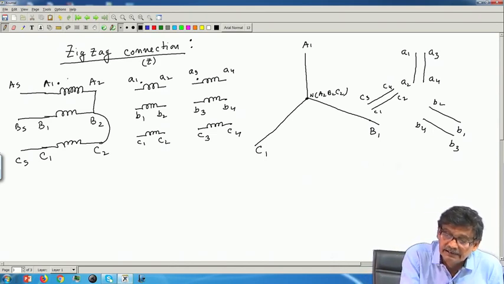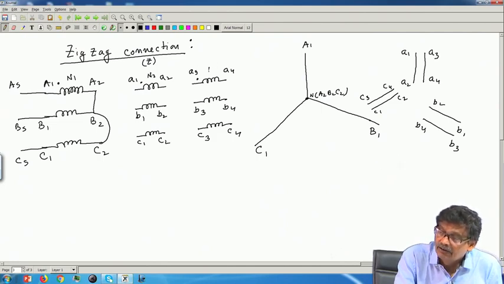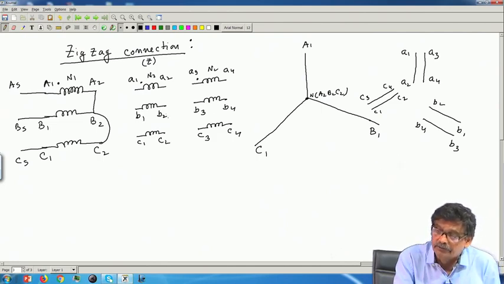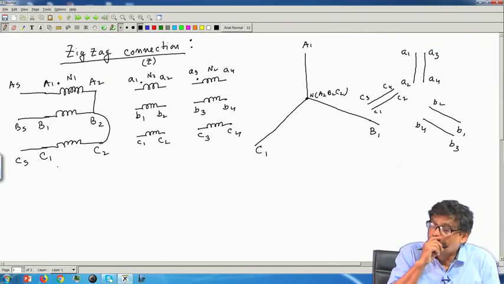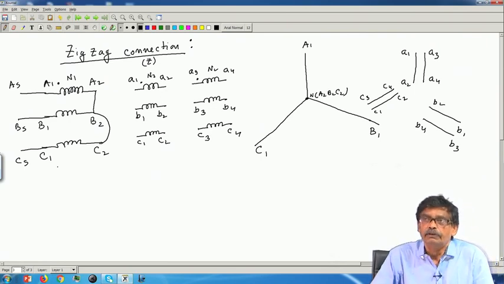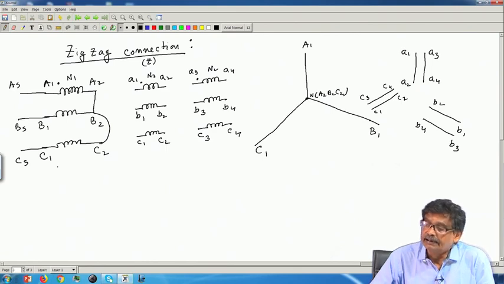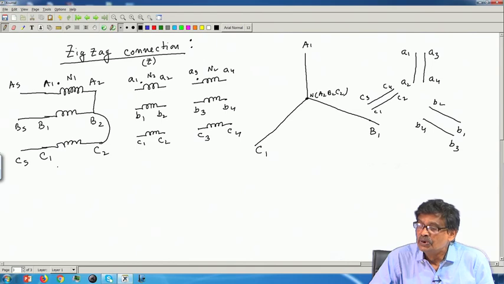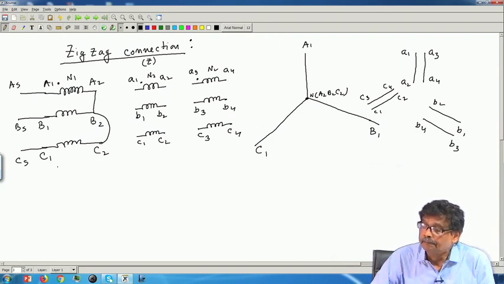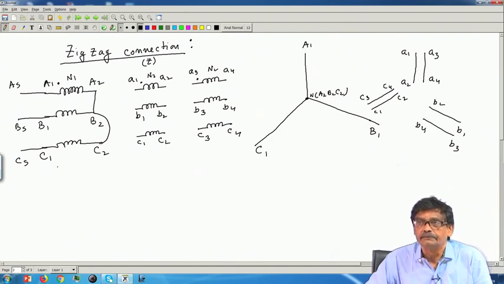See, this is N1, this is N2 and this is also N2, all of them are N2, N2, N2, N2, N2, N1, N1. So, what you will be doing in a sense is that you will connect two coils in series and try to achieve the connection.